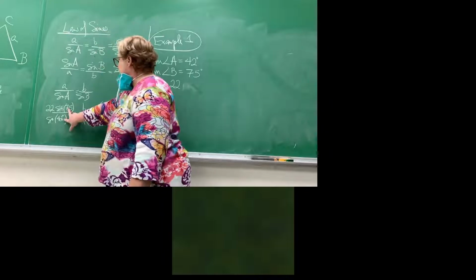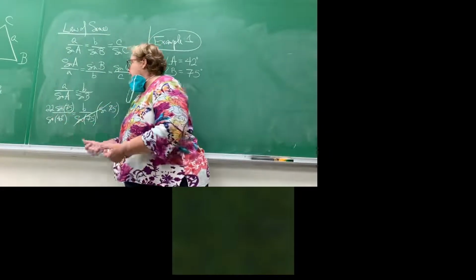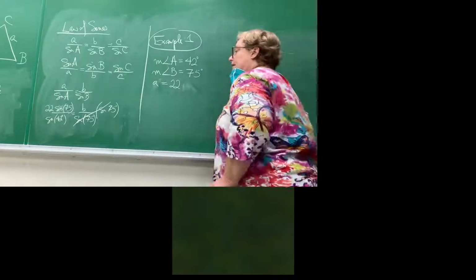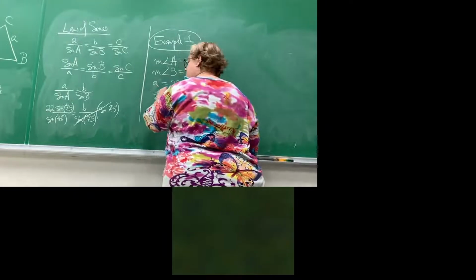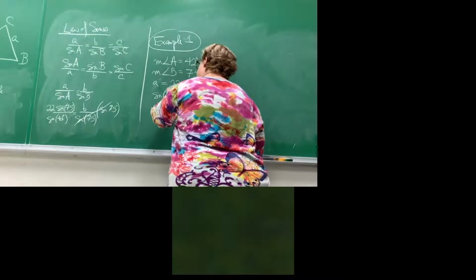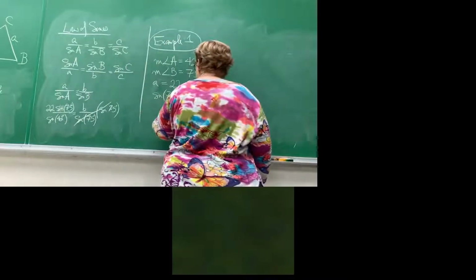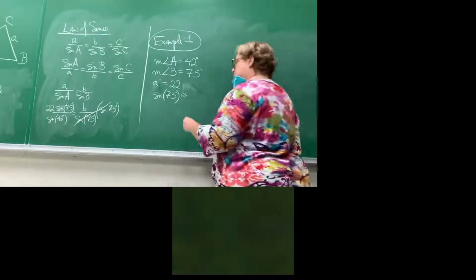With trig functions, I want us to use 4 decimal places only, which means don't carry it in your calculator. Figure it out, write it down, and round it off. So to 4 decimal places, what is the sine of 75 degrees? 0.9659.